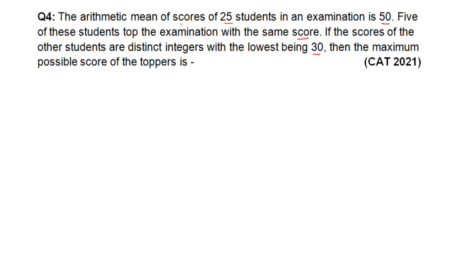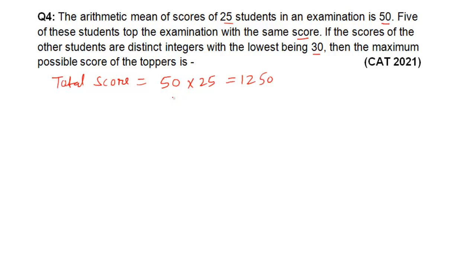So we can find the total score because the arithmetic mean is given. So first I am writing here the total score of all the 25 students. That is 50 multiplied by 25, that is 1250. So this is the total score, right? And now we know that 5 students topped the exam and they got the same score.